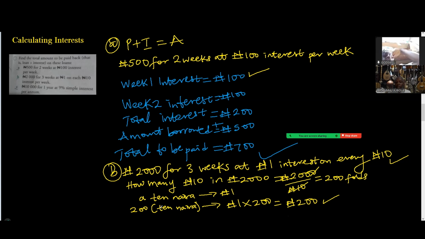Okay, sir. Then for 3 weeks, week 1, week 2, week 3. So for 3 weeks, the interest will be 200 week 1 plus 200 for week 2, okay?